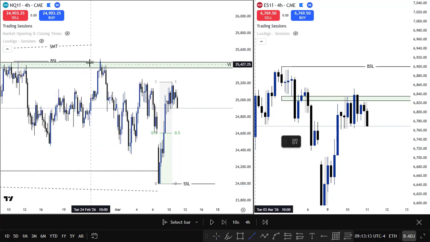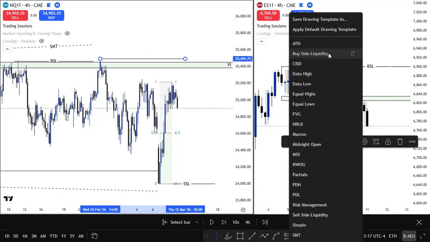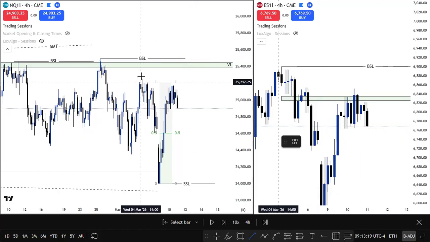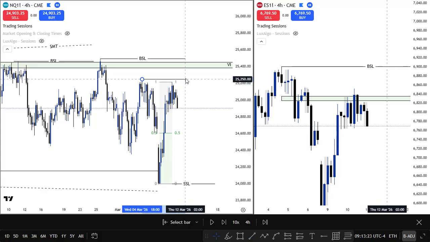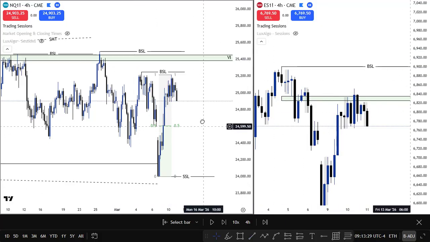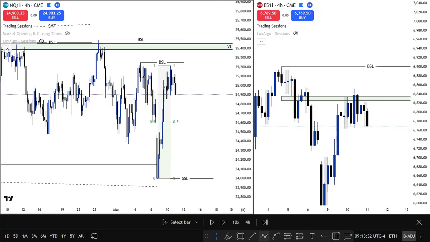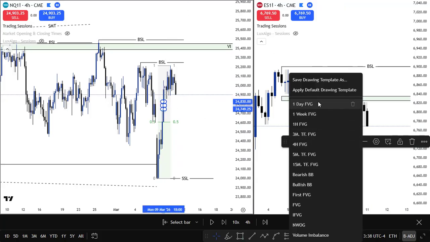Where exactly? Potentially I would consider all the way up to here, this buy side, at least to this buy side, because technically we're in the risk-free area. I'm going to mark this fair value gap as it's pretty important for me.